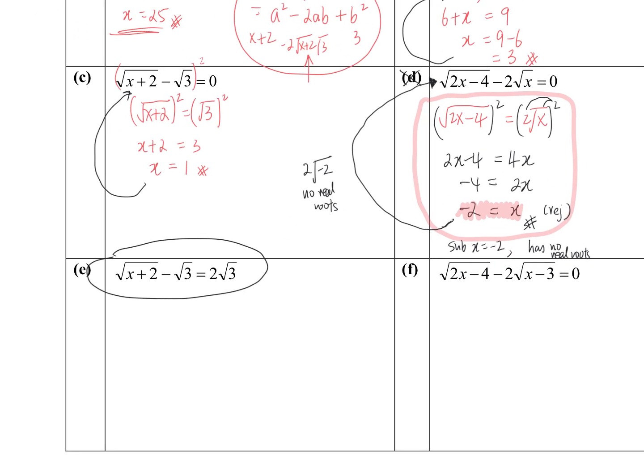You realize that you have 3 square roots, then how? Okay, so this one we deal with first. This one is the easier one. And then you square both sides.